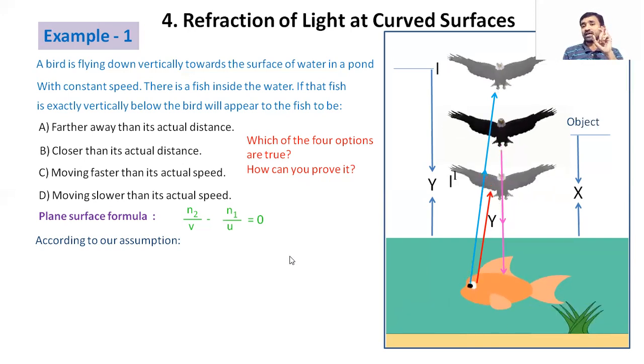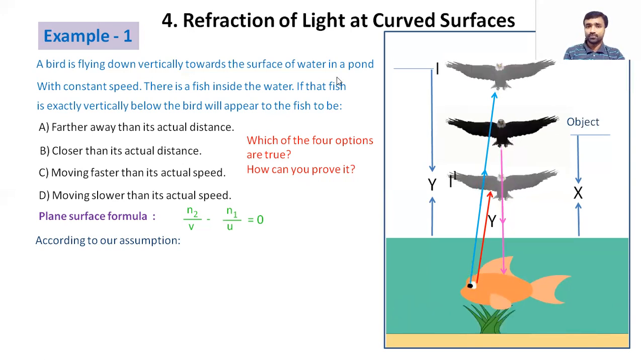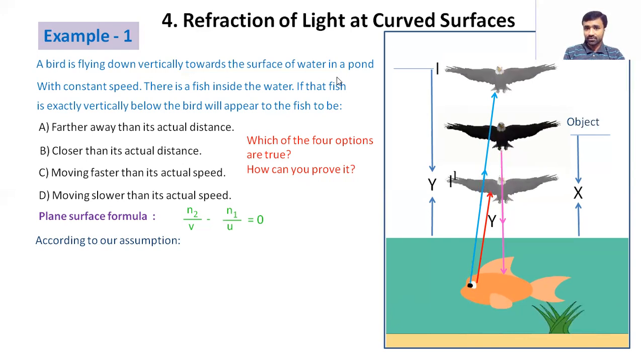Apply the rules of sign convention. What is your incident light ray direction? The light ray is incident from the object to the water surface. Your measurement is always from the pole.